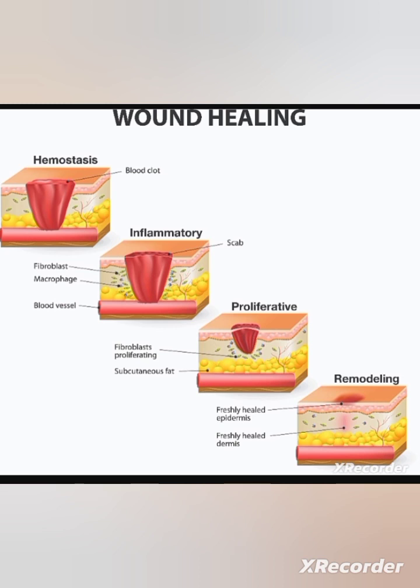The next stage is the maturation phase. In the maturation phase, there will be a remodeling stage. Here, strengthening and reorganization of collagen occurs, that is remodeling of the collagen. The unnecessary cells, the extra cells that are not required, will be removed by apoptosis, that is programmed cell death.